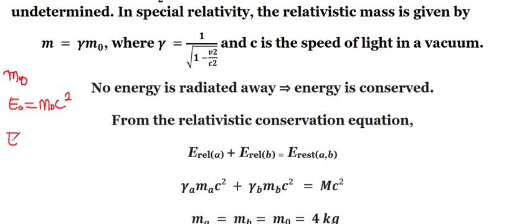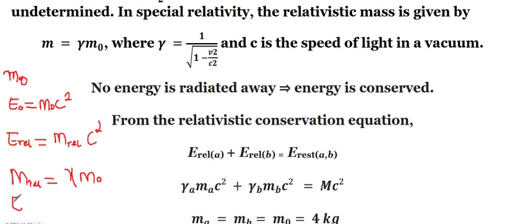So we have the relativistic energy to be equal to the relativistic mass times c squared. It's important for you to note that the relativistic mass is equal to the gamma factor multiplied by the rest mass.